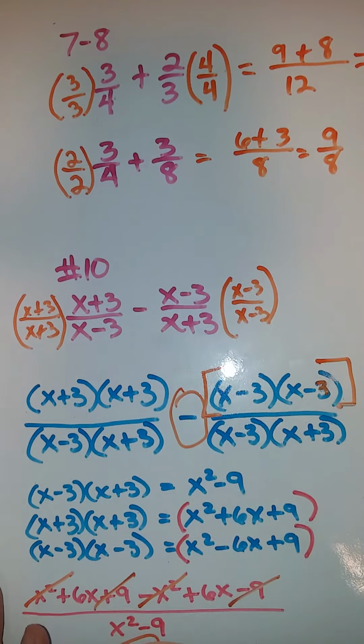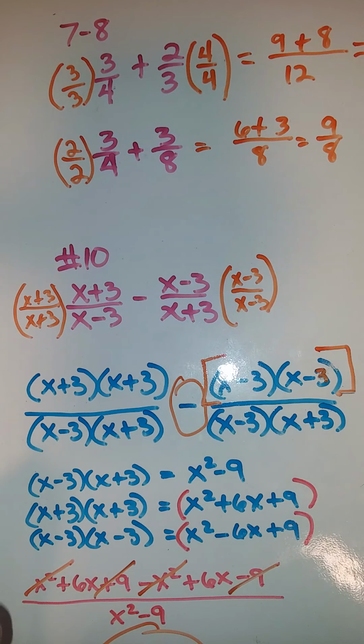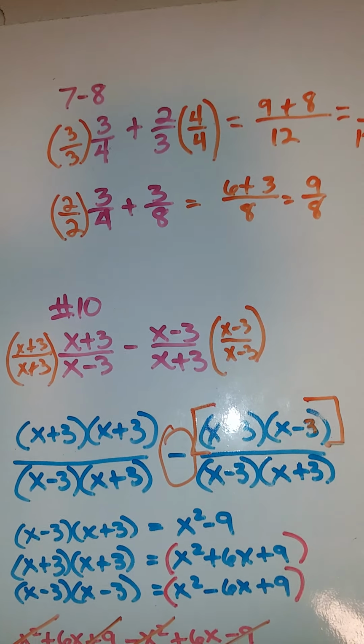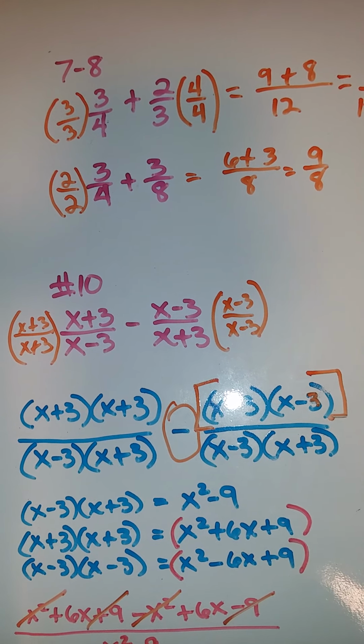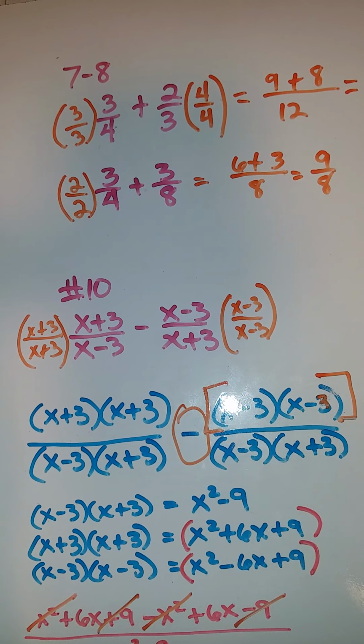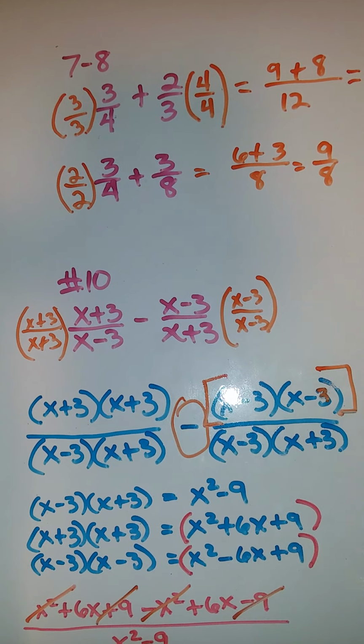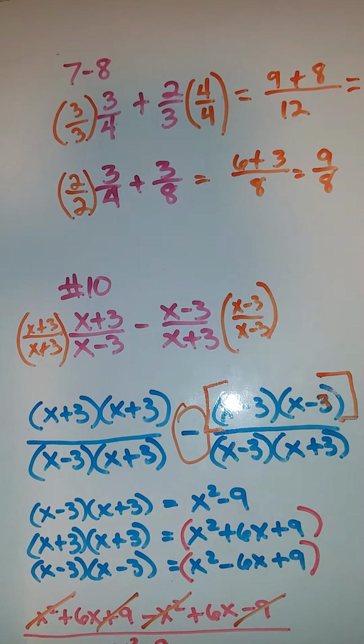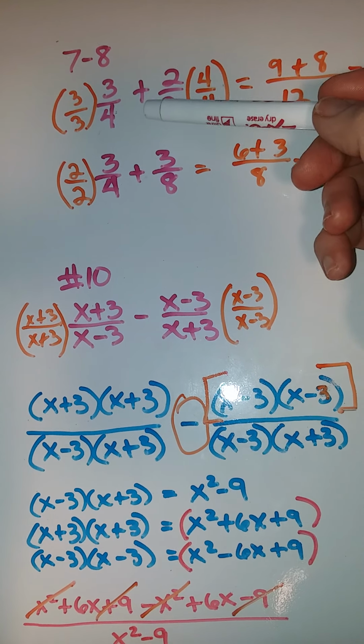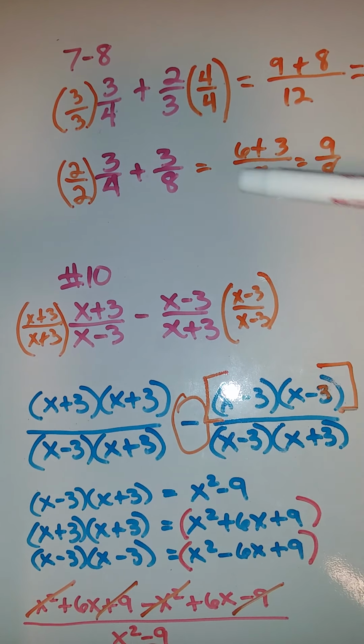Now we're going to go back to the principle of adding and subtracting here in 7-8. So not all of this is in my field of vision. That's okay. I can work with this. All right. So what we remember about adding is that we have to find a common denominator.